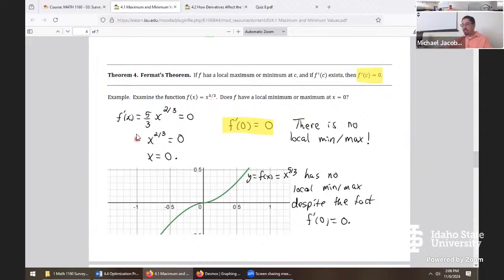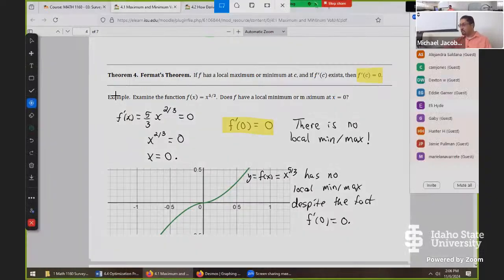We differentiated it to get this result, 5/3 of x times x to the power 2/3. We found 0 is the critical number of this function, but it turns out this function had no maximum or minimum whatsoever. So the critical number is not enough on its own to determine if you have a local min or a local max. Let's take this as a screenshot real quick.